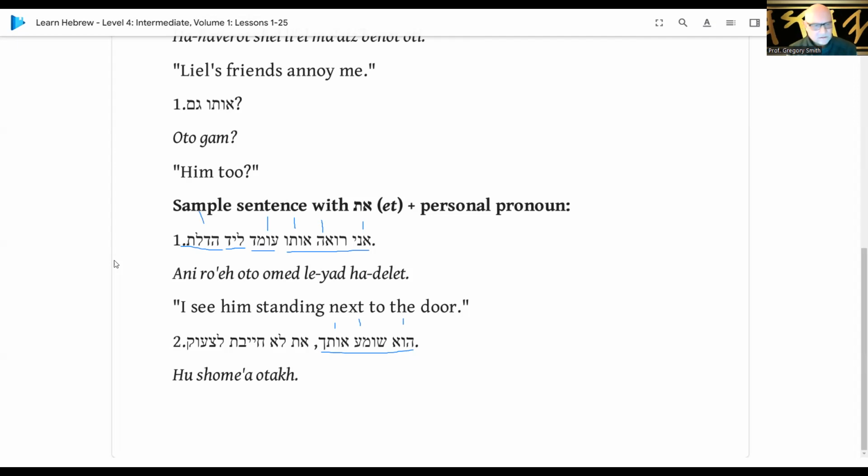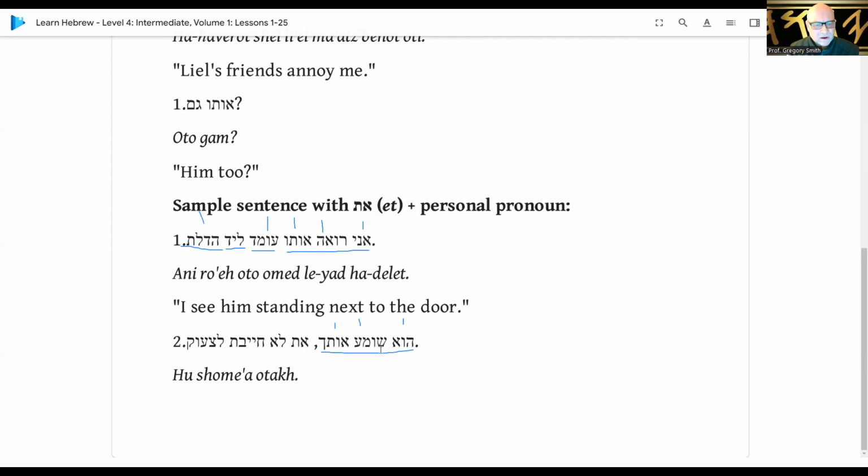Okay, so it's et lo haibet. Looks like latzok. Yeah, that's it. את לא האיבט לצעוק. Yeah, at lo haibat latzok. Okay, so you shouldn't have shouted.